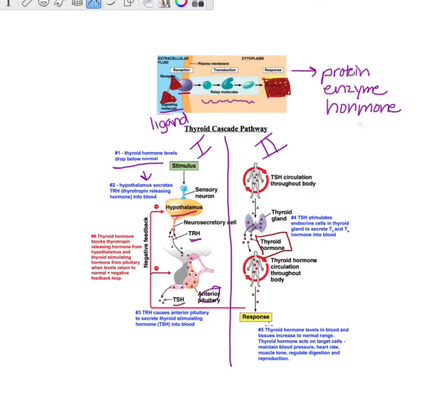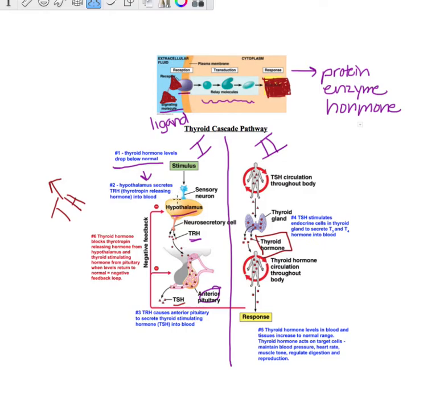Now, what's keeping track of the level of the thyroid hormone in the body? It's the hypothalamus that's keeping track of that. It's constantly monitoring the level of thyroid in the blood. If it's low, then this is going to keep going. If enough thyroid hormone builds up in the body and thyroid hormone is no longer low and you've got high, we're going to just say TH, thyroid hormone, then the stimulus for the hypothalamus no longer exists.